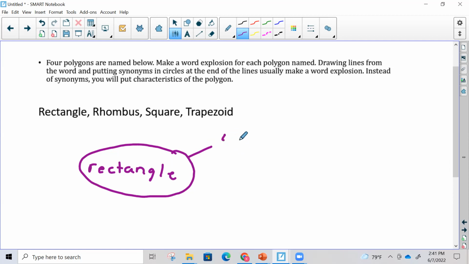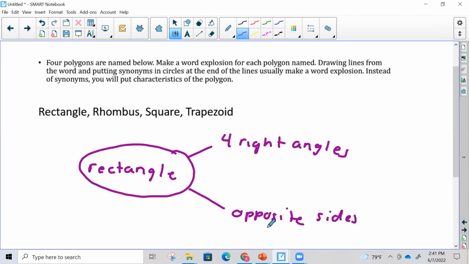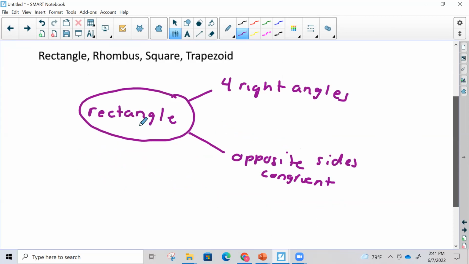So for a rectangle, you could say 4 right angles, opposite sides congruent, opposite angles congruent, diagonals congruent, and diagonals bisect each other.